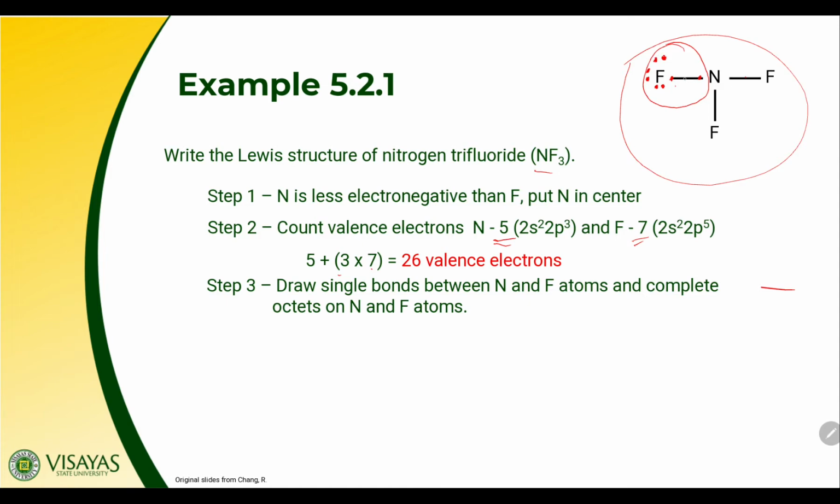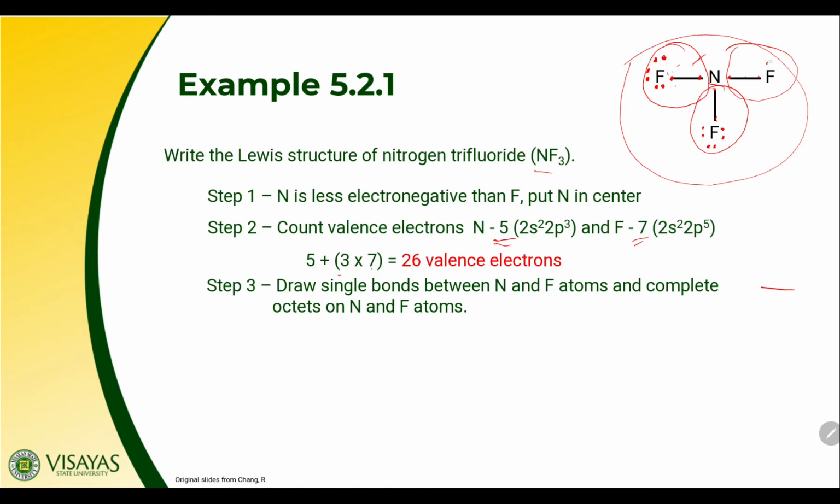So they are not found in this covalent bond, for example. Now we have how many electrons around fluorine atom? We have 1, 2, 3, 4, 5, 6, 7, 8. So now we have complete octet for this fluorine atom. For this fluorine atom, same with this one, we have single covalent bond. So we have 2 electrons as of the moment. Therefore, we will add 6 electrons, or 3 lone pairs, to complete the octet. For this fluorine atom, it's the same. We have 1 single bond, so we have 2 electrons as of the moment.